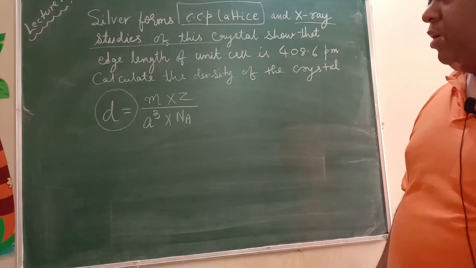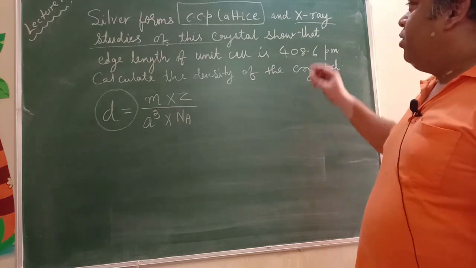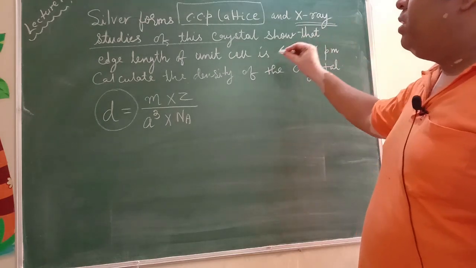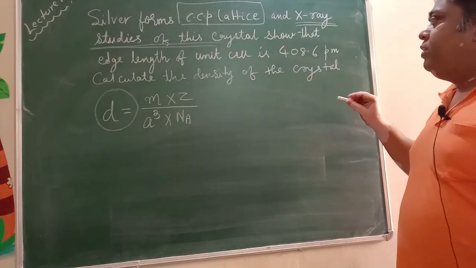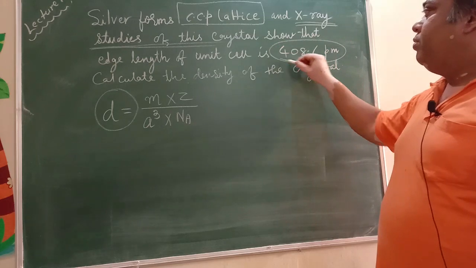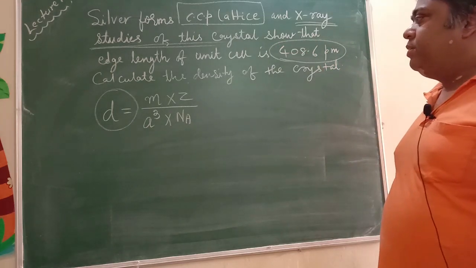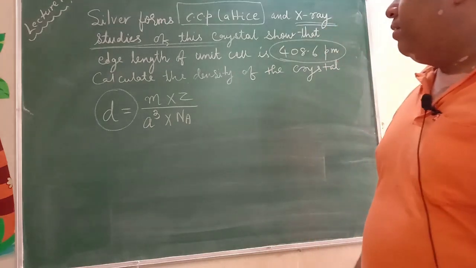There is one formula called Bragg's equation, which is not required to be studied here. We only have to take the value that, through some technique used by X-ray, it is found that the edge length of the unit cell is 408.6 picometer. We have to calculate the density of the crystal.